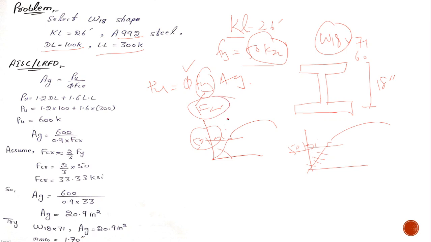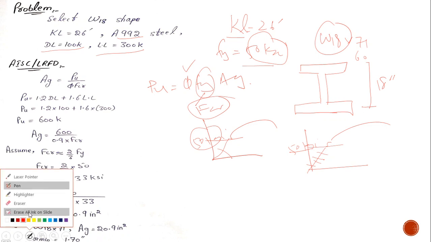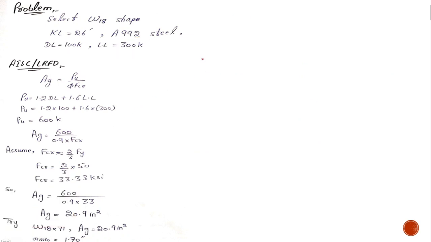So all my energies would be consumed in calculating this Fcr. This is a very important point. You don't know what your Fy is, although it's A992, but in a material failure Fy is not reached in a compression member. This is the main point of material failure.